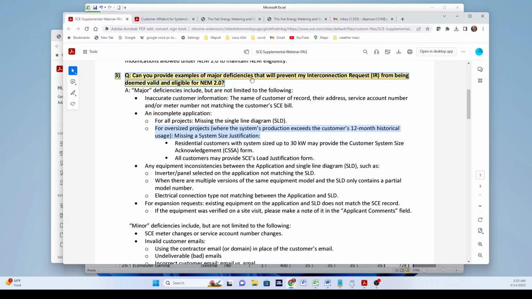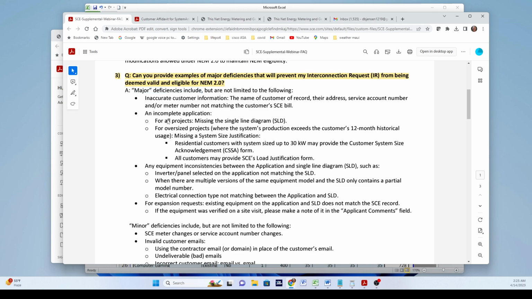So we're going to discuss this fact I went over in the last video, where they were saying that you get kicked out of NEM 2.0 if you have what's called a major deficiency. And they went on to say what it is.